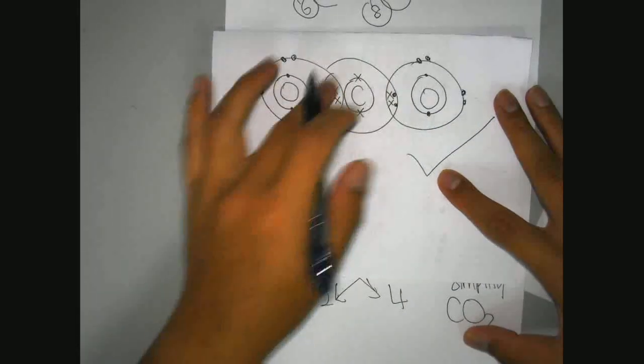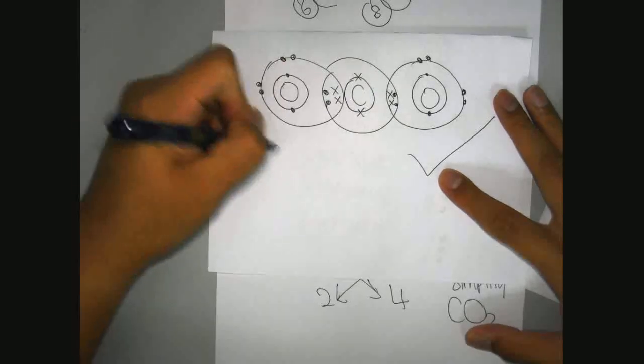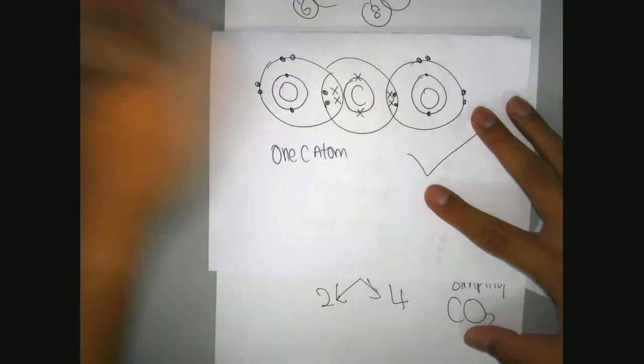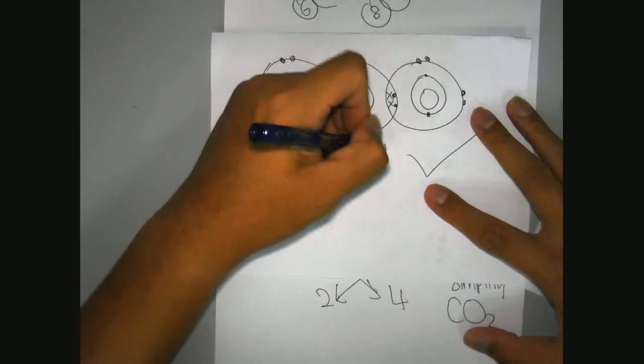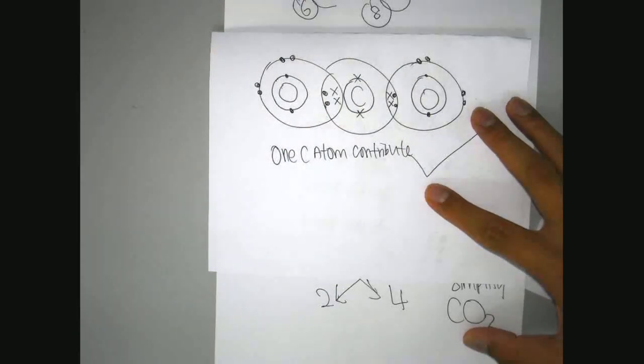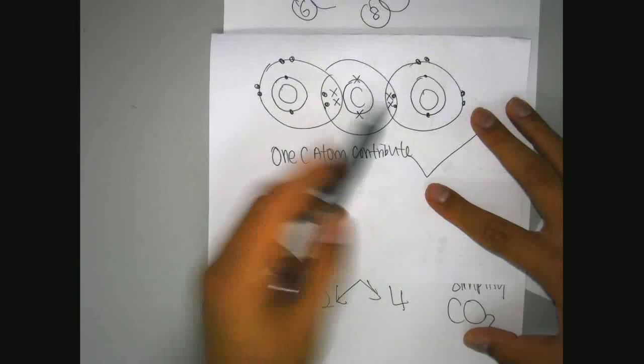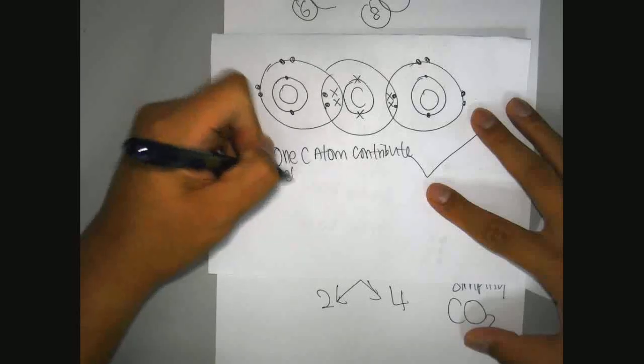You can see how many C there are: 1. So 1 atom C would contribute electrons. How many electrons are contributed by C? C is the cross, so inside here there are 2, so you contribute 4 electrons.